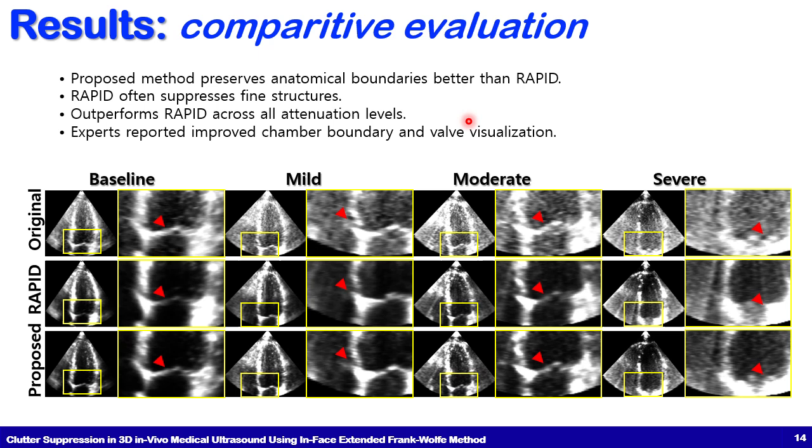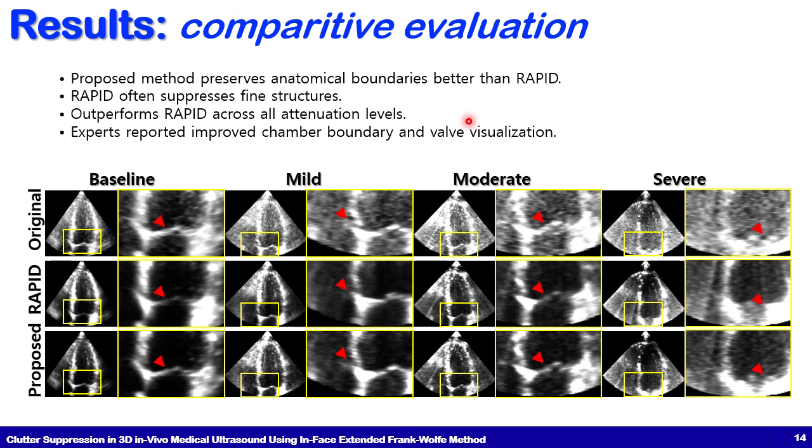Now let's see the comparative evaluation, where we compare our method with RAPID. RAPID is a state of the art clutter suppression technique designed for 2D ultrasound. It does not utilize spatiotemporal filtration, which means no theta is there. So either we have to increase the number of time frames during the filtration process, or we have to compromise on the number of frames.